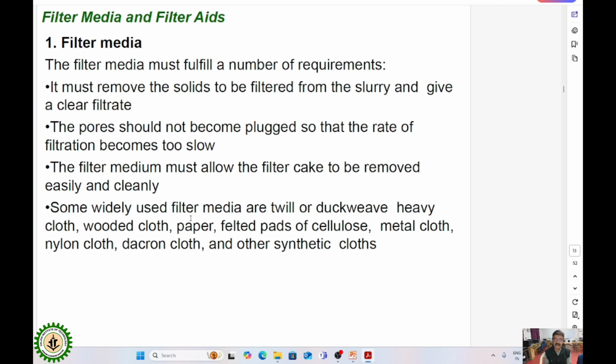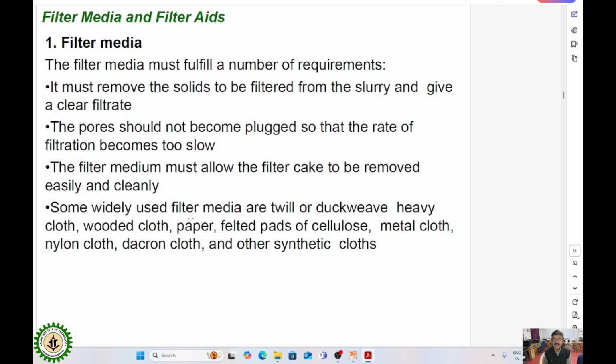That is to be kept in mind. Some widely used filter media are twill or duck weave, heavy cloths, woolen cloths, paper, felted pads of cellulose, metal cloths, nylon cloths, Dacron cloths, and other synthetic cloths. They are used popularly as filter media.